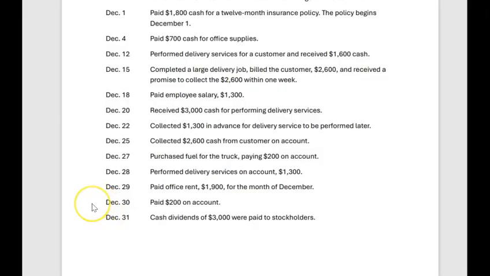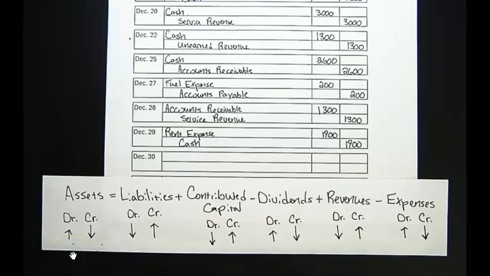On December 30th, we paid $200 on account. This was related to our earlier December 27th transaction where we purchased fuel on account. We didn't pay for the fuel on December 27th. We set up an account payable. Now we are paying for that fuel, so we need to remove that account payable. If we remove an account payable, that means we need to reduce the accounts payable balance. Accounts payable is a liability.